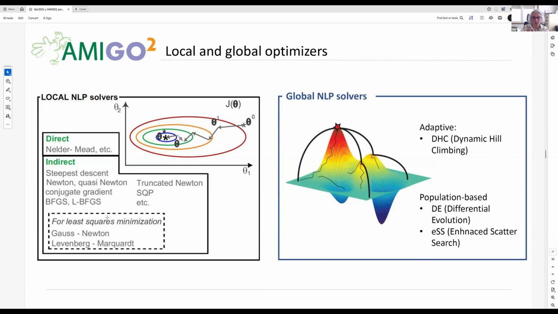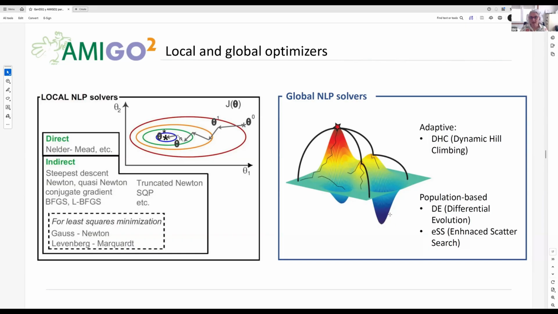Here, probably the most efficient are the ones which are precisely developed to solve least squares problems, and we have three alternatives for that. But when the model is noisy, for example, or when we have discontinuities for whatever reason, we also have direct search methods which are able to solve the problem without the need for gradients or Hessians, which would be required for continuous least squares solvers.